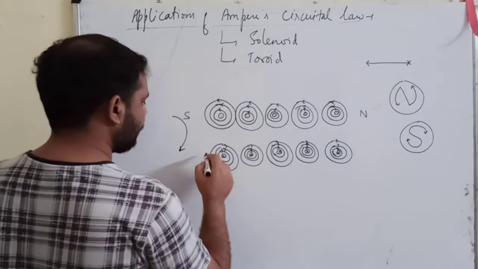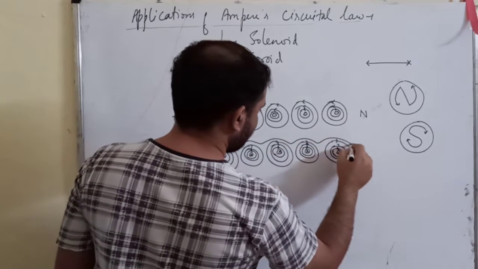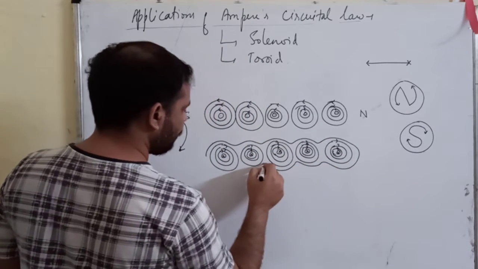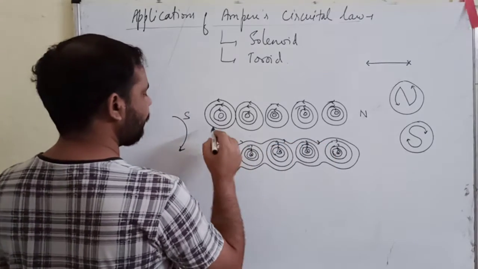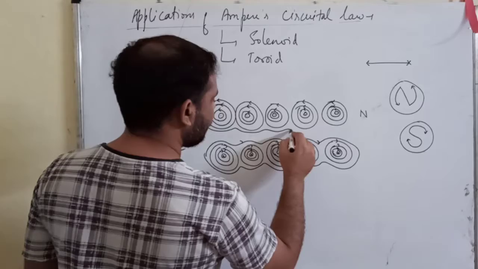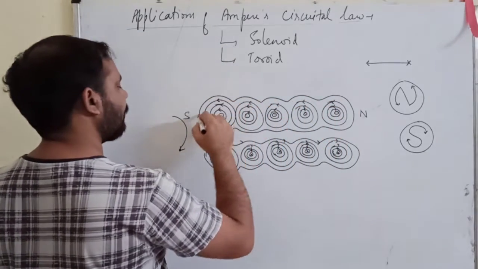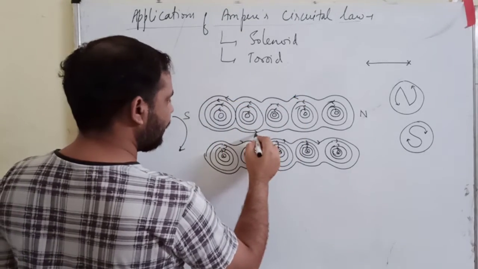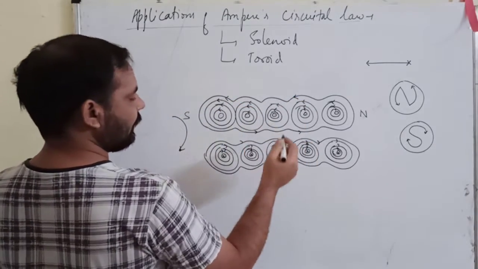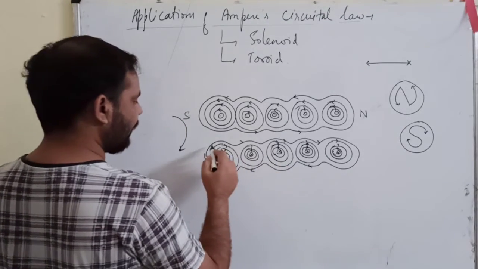Now what will happen? It will be flowing in this direction, and here also you will get lines like this, and here it will be like this.